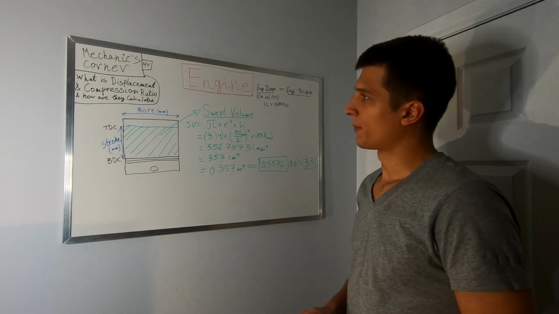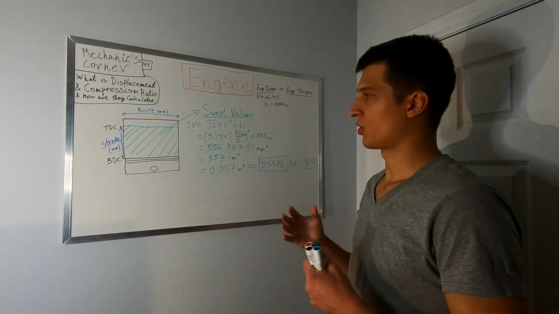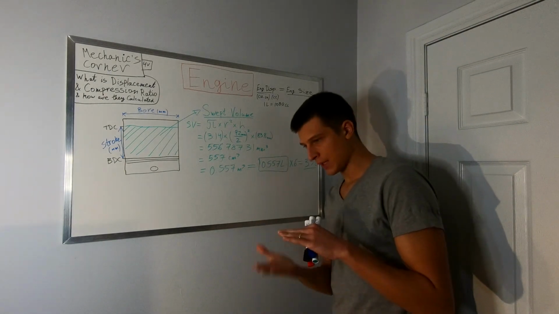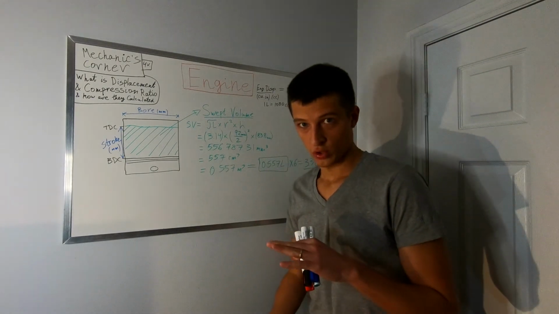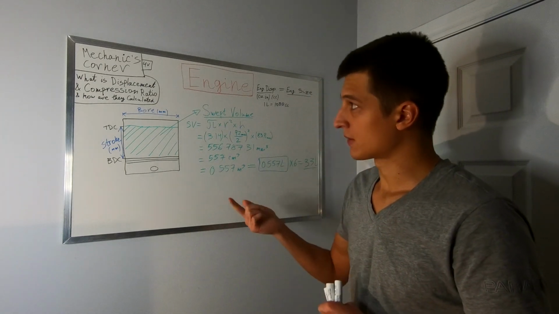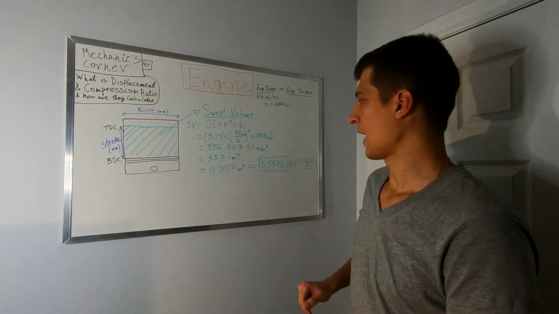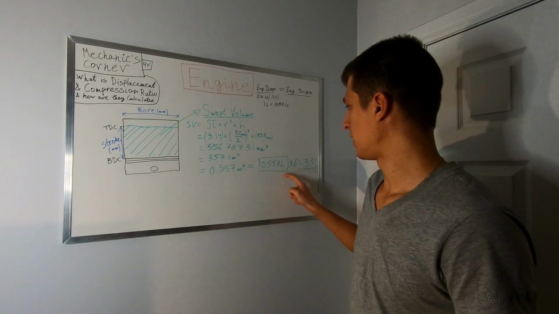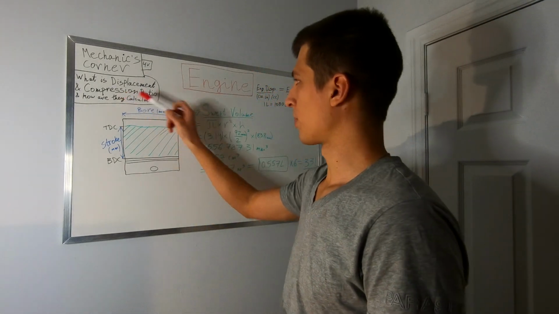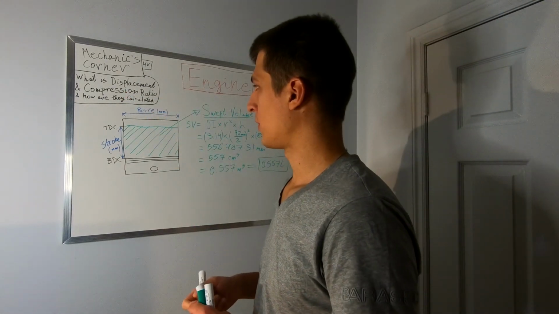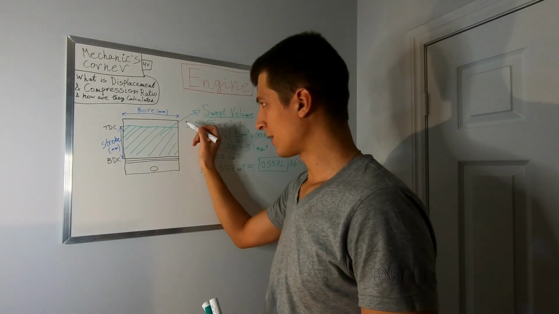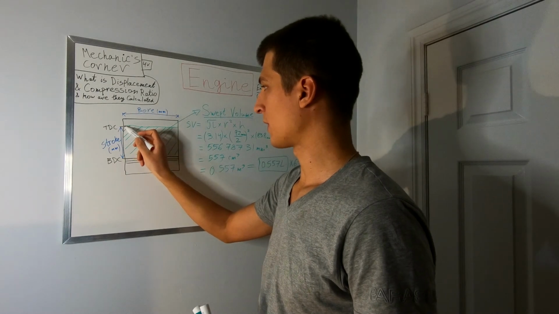Okay, so we've talked about the displacement, which is pretty much the space that the engine has available to take in the air-fuel mixture to then be able to compress it and ignite it. And the next thing that we're going to talk about, which is the compression ratio, actually comes out of the swept volume, because the compression ratio is the ratio of the compression chamber, which is anything that's left in the cylinder when the piston is at the top dead center.